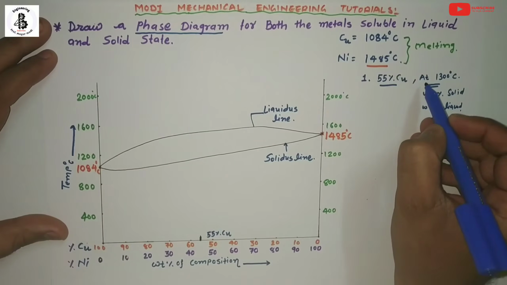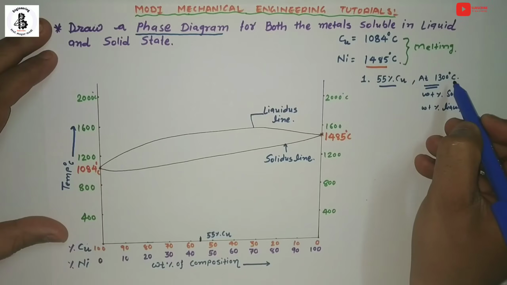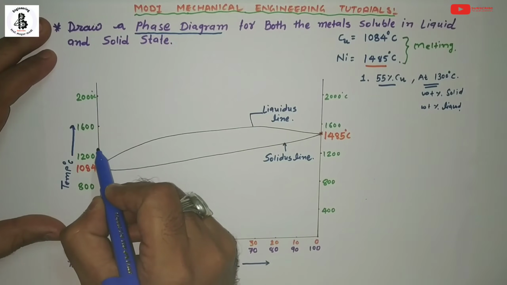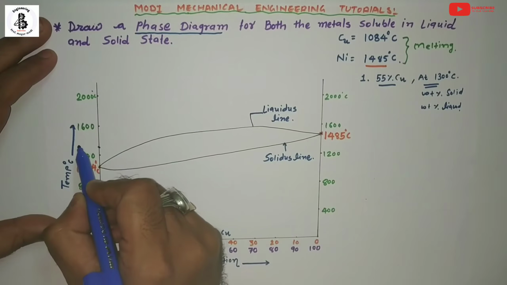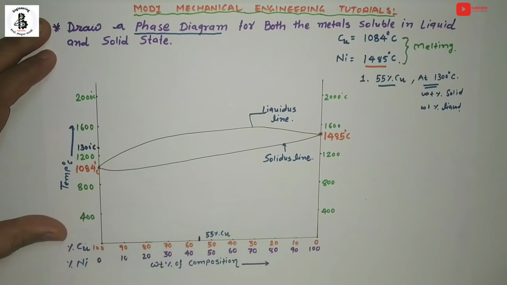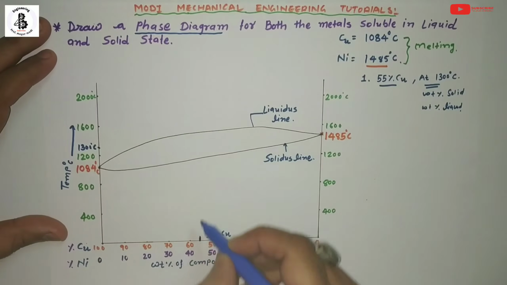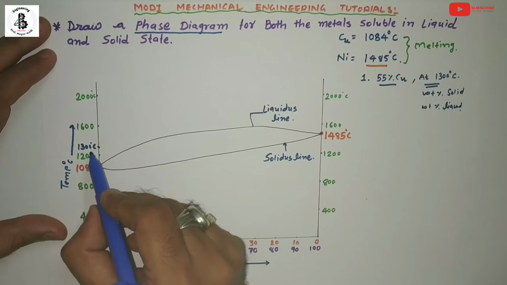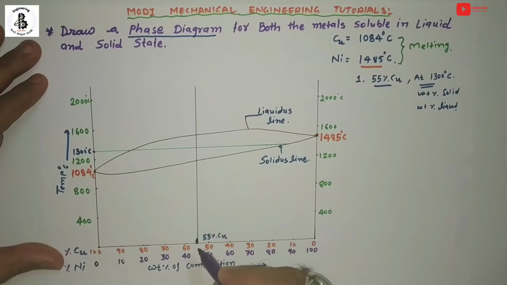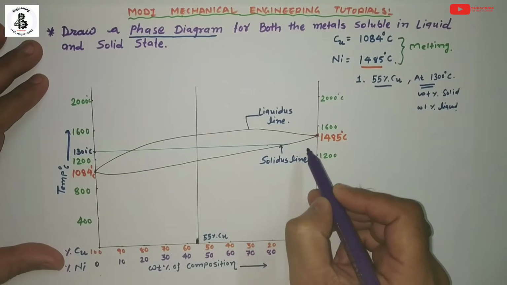And you can see 1300 degrees centigrade, almost around here. So you can make one vertical line from the composition line and one horizontal line from the temperature line. So this is the composition line and this will be the temperature line.